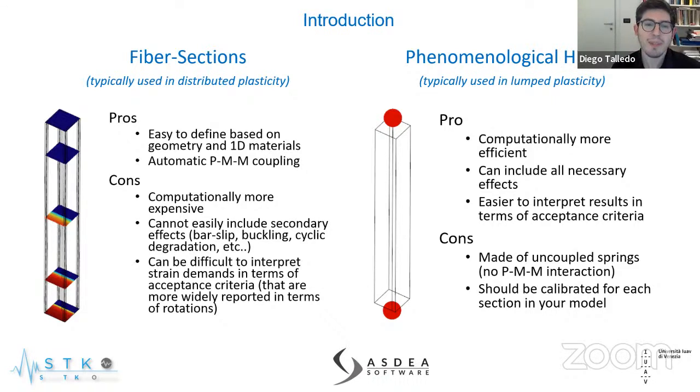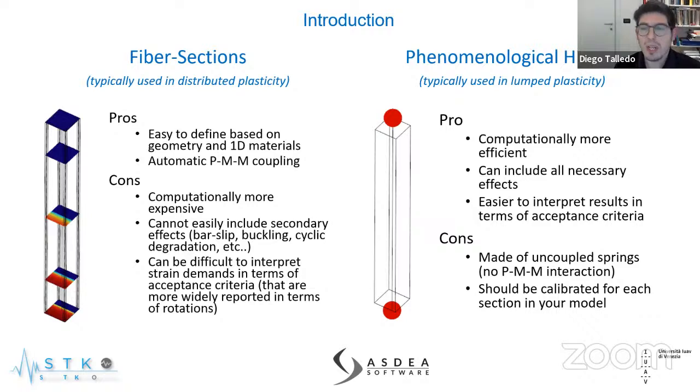On the other hand, we have two strong problems. The first problem is that typically these hinges are composed of uncoupled springs and don't account for PMM interaction. Of course, you can do something in your model. You can, for instance, calibrate each hinge based on the axial force that you have after the static analysis of the gravity load, or you can do something like that.